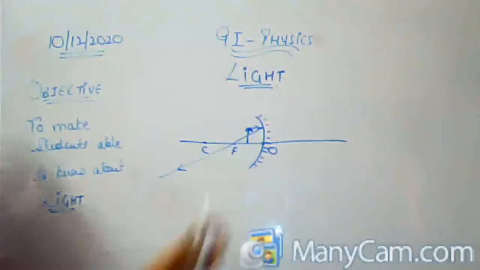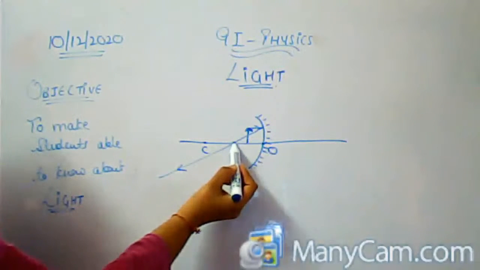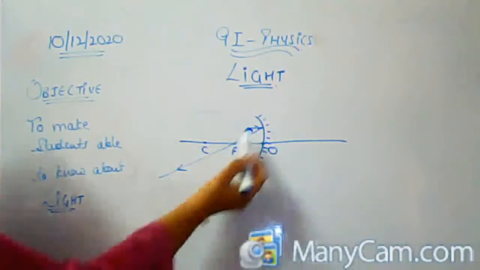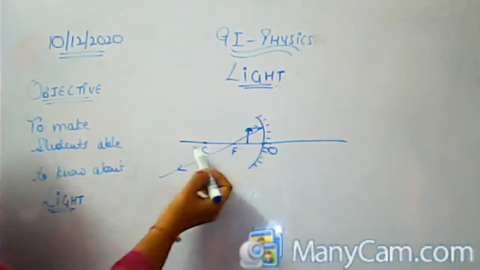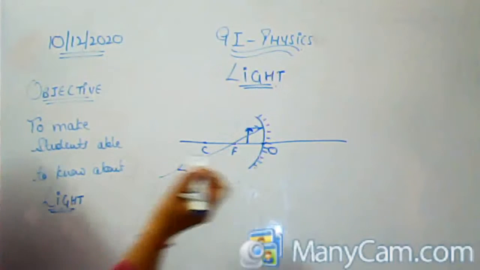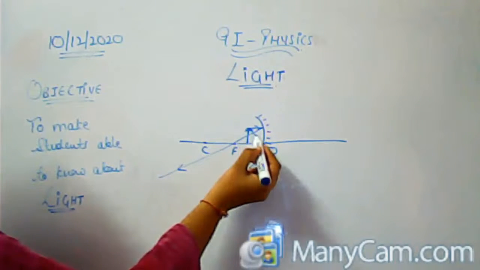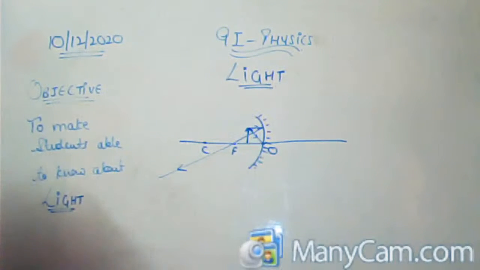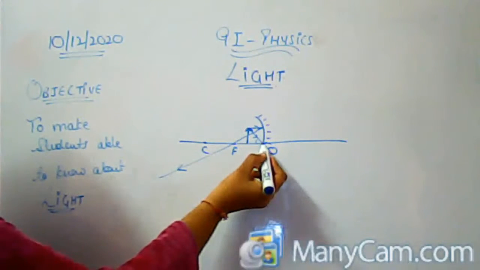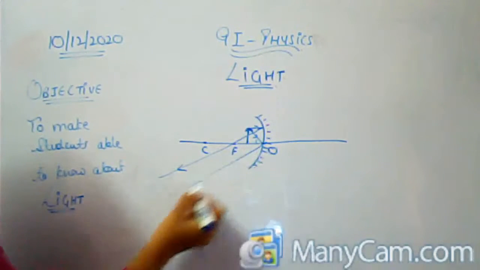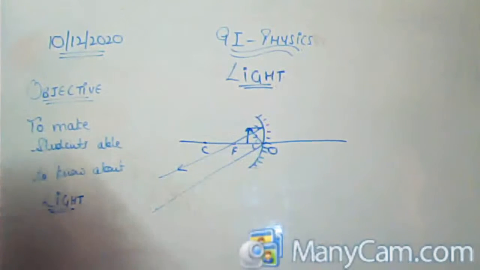You cannot pass the second ray through the focus because it will not strike the mirror anywhere, it is at the back end. You cannot pass it through C because that also will not strike anywhere. Then you can pass the second ray through O. And as we did before, the angle of incidence formed here equals the angle of reflection, and it will go like this.